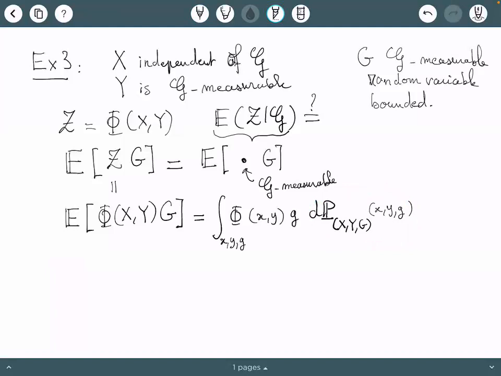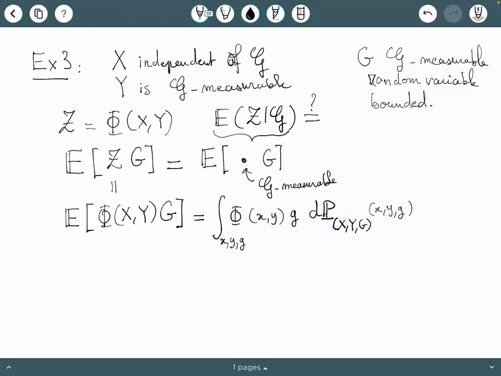And now what we know is that X is independent of G, Y is G measurable, and G is G measurable. So it means that in this expression, here you have (Y, G), which is independent of X. So it means that the law will be factorized.